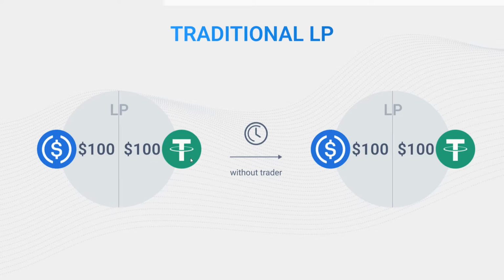Without a trader coming in to either buy or sell, your liquidity pool value stays the same, as it doesn't have any other utility. So that liquidity pool is a stagnant pool that doesn't do anything else but wait for someone to use it.